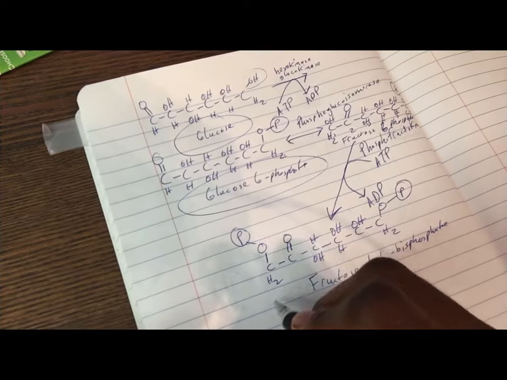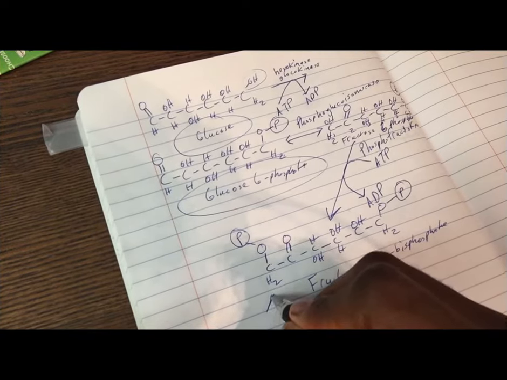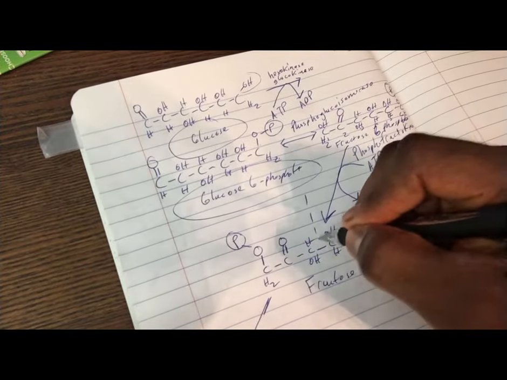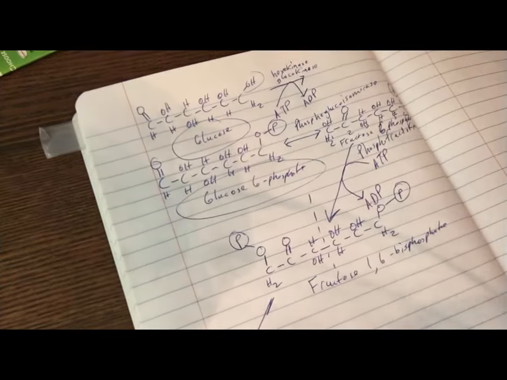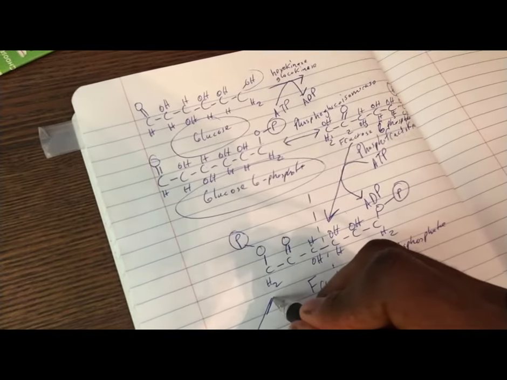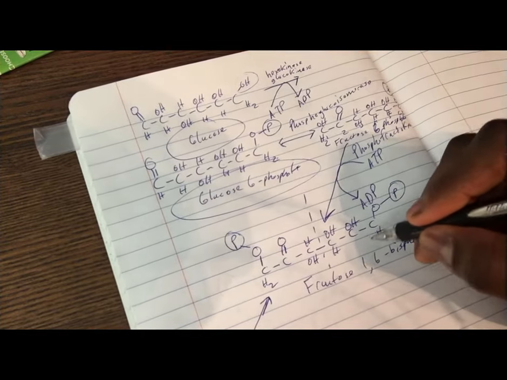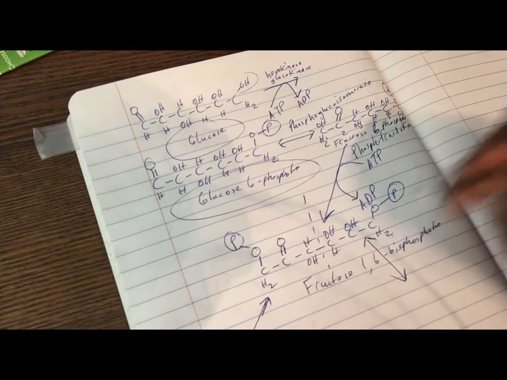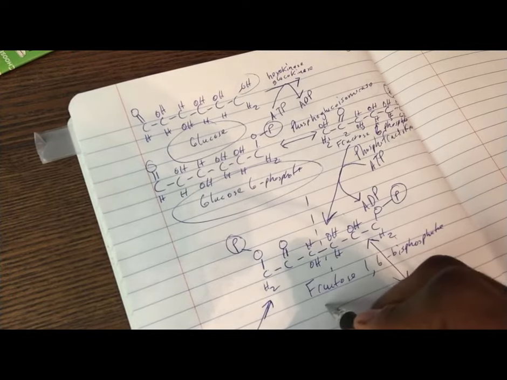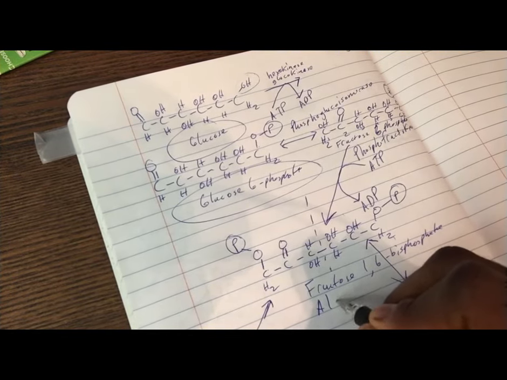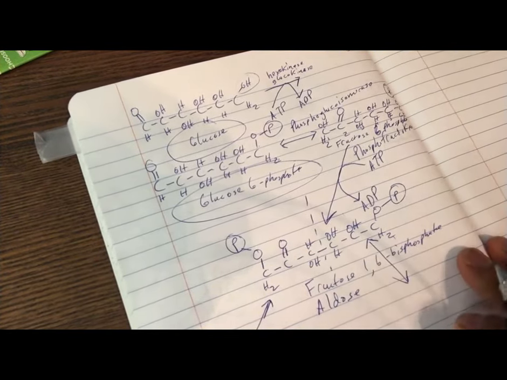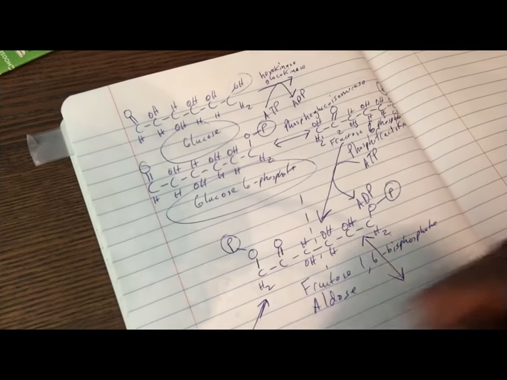Next reaction. So we split this right down the middle. This is a reversible reaction involving what's called aldolase. So this is aldolase, which cleaves this into 2 trioses.